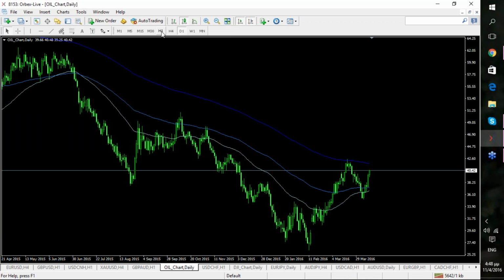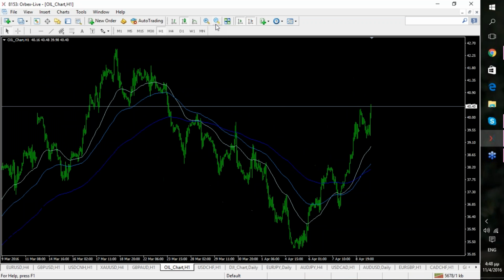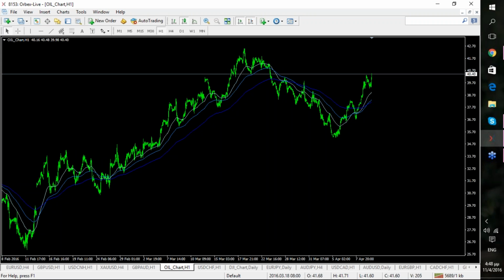Now let's look at oil on the 1 hour chart, and here itself we have got loads of strength to the upside. We're looking at lots of appreciation of oil, sorry, black gold, to the upside, just a matter of a couple of weeks or so.